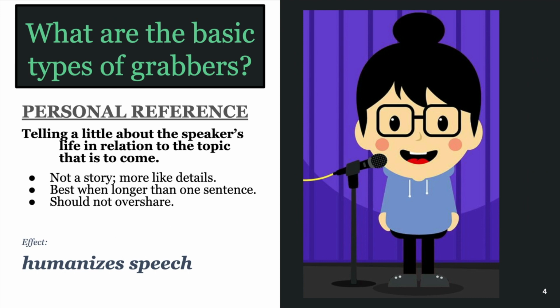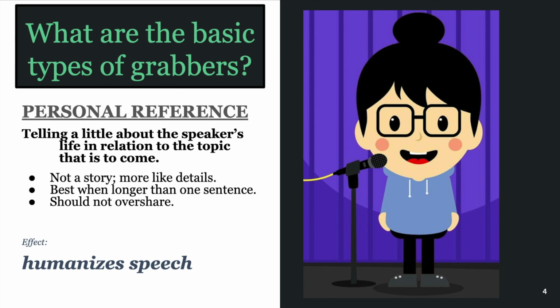The first kind of basic grabber is what we would call the personal reference grabber. Basically, a personal reference grabber tells a little about the speaker's life in relation to the topic that is to come. It's not really a story. It's more like just giving a few details. These types of grabbers are best when they're not just one sentence, but there's a little bit of elaboration to them.